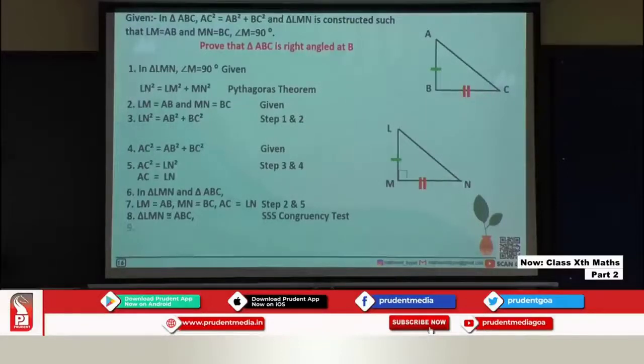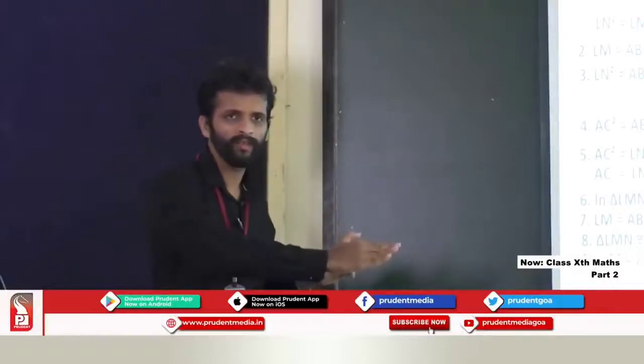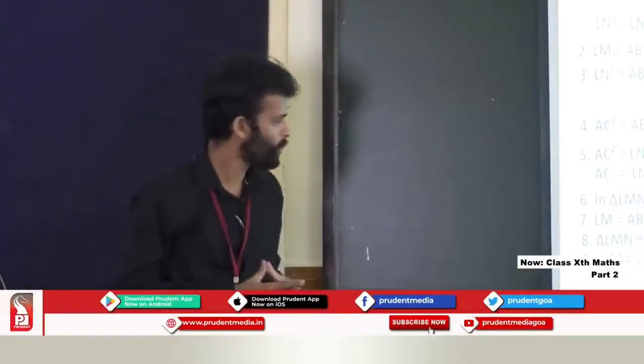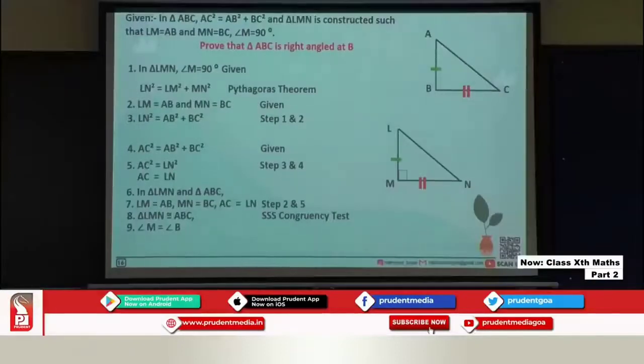So here, what will happen? If triangles are congruent, every angle of that triangle will be equal to every angle of the other triangle. So based on that, I can say angle M is equal to angle B, correct? And angle M was how much? 90 degrees, right? Because CPCT is what we can say, based on that only we can say that angles are congruent, right?